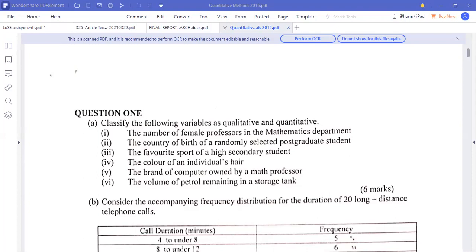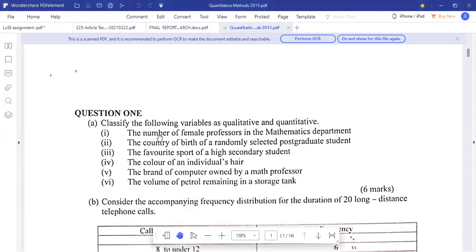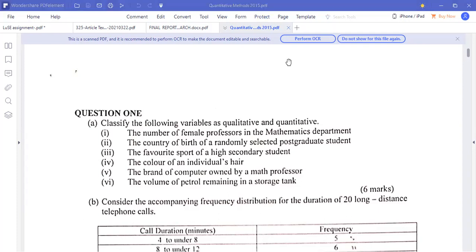Now we go to answering these questions that we have here. What kind of data do we have? The number of male professors in the mathematics department. What is it? This is quantitative, discrete.